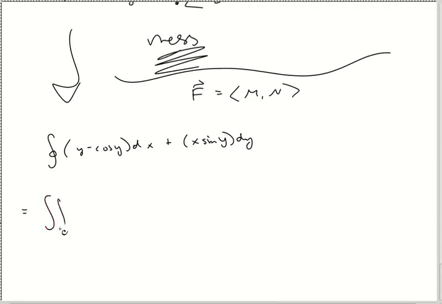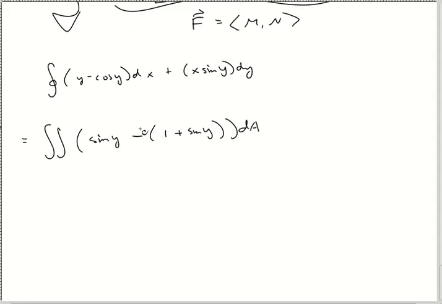Well, Green's theorem says that I could essentially take this derivative in terms of x, which would just leave sine y, and this derivative here in terms of y, which would be, well, I guess I got a 1, and then I have here negative cosine. The derivative should be a positive sign, actually, and then dA.